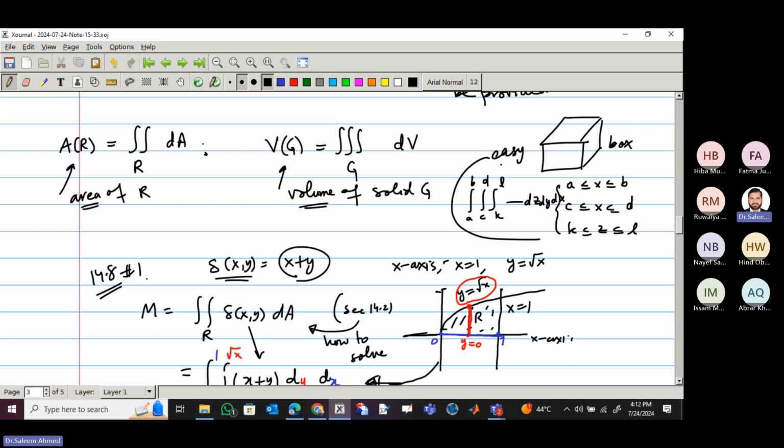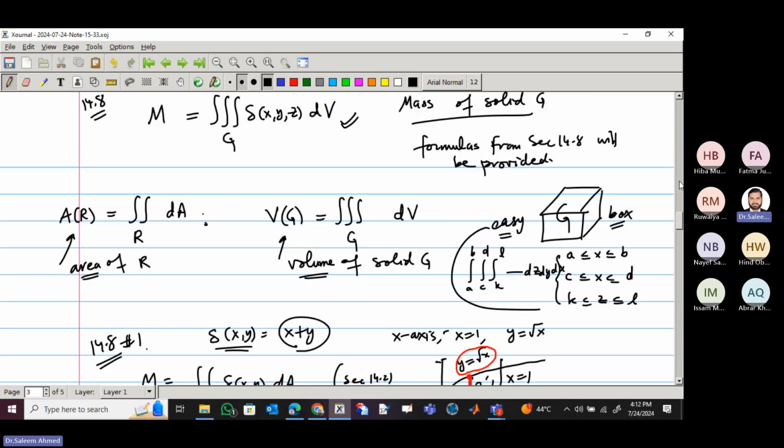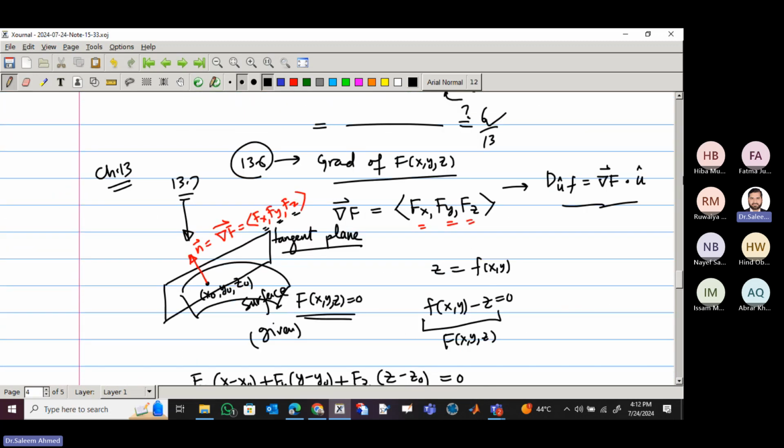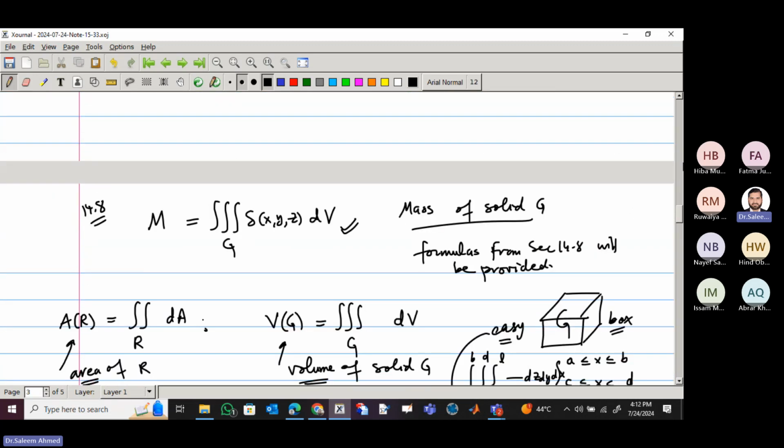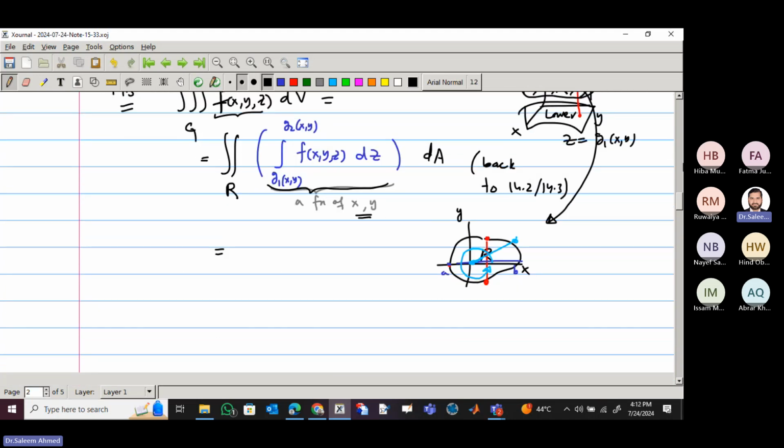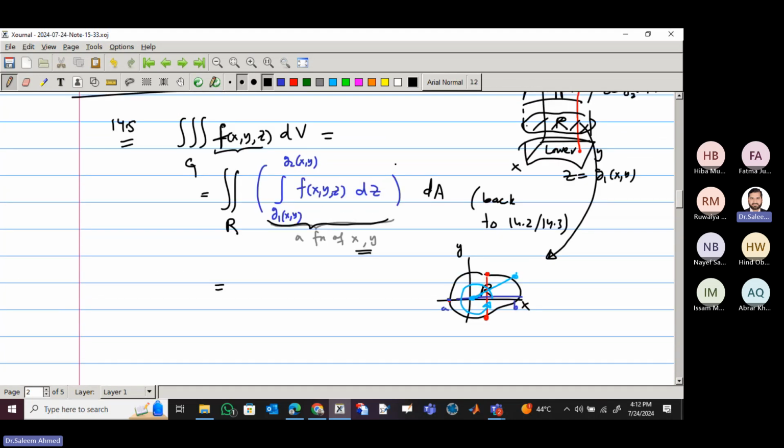So you have to be very careful what this solid G is. If solid G is just a box, your limits will all be constants and the question will become very easy, right? But if it is not a box, like the example I gave you where you have to change it to a double integral by writing the z limits first, you have to be careful what your region is in 14.8 or 14.5.